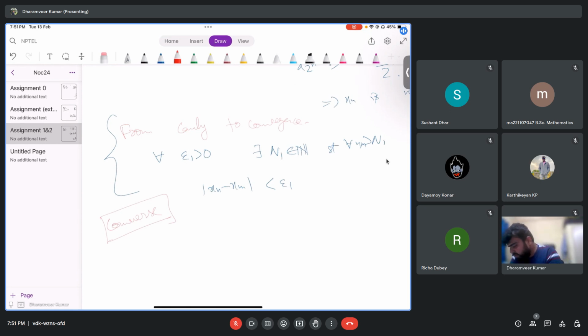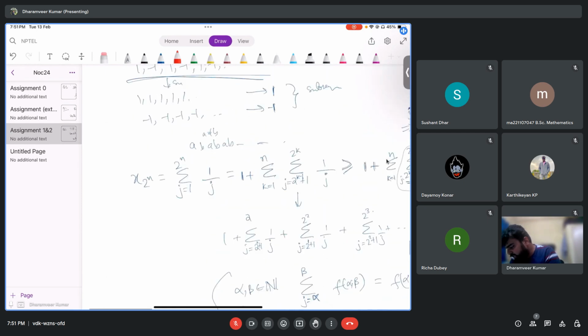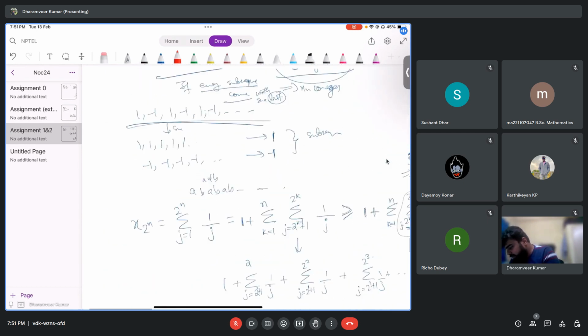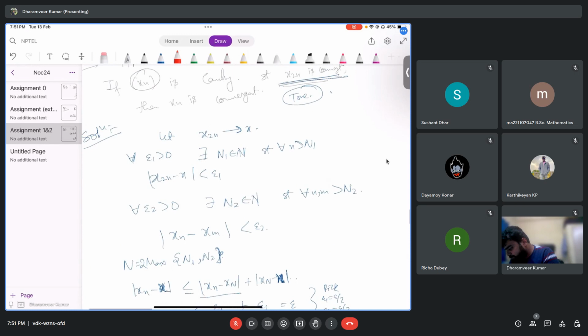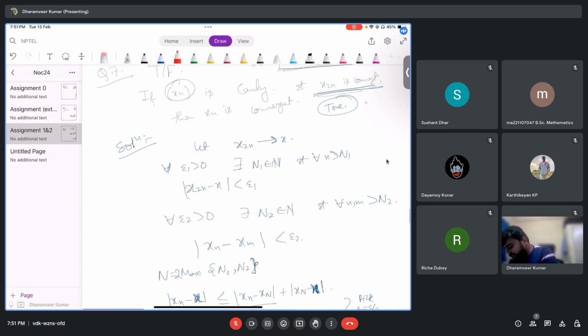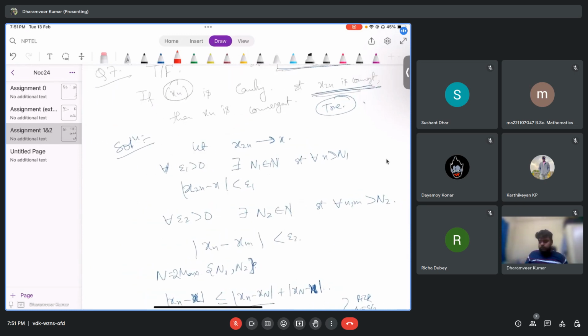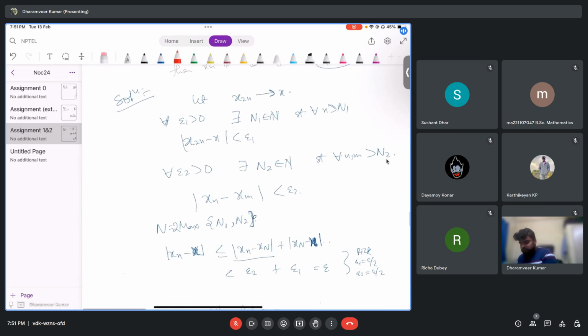So basically, when you're doing this, it doesn't have to be x to n, any convergent subsequence. Given a Cauchy sequence and any convergent subsequence, they're not using x to n anywhere particularly.